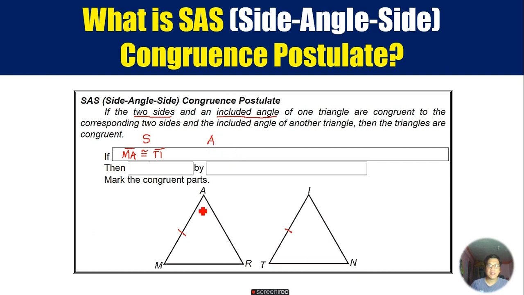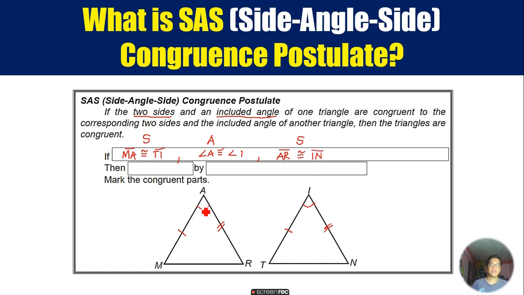So if I get angle A, that's angle A is congruent to angle I. So the next side must enclose angle A and angle I so that they become between the two sides. So I'm going to get this side and that side. So side AR is congruent to side IN.